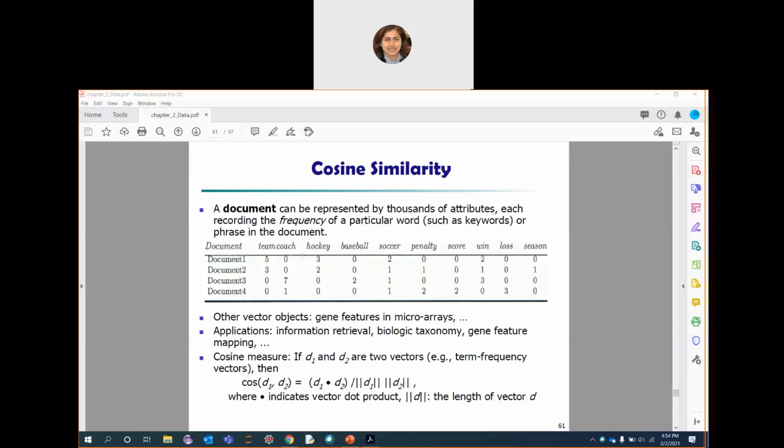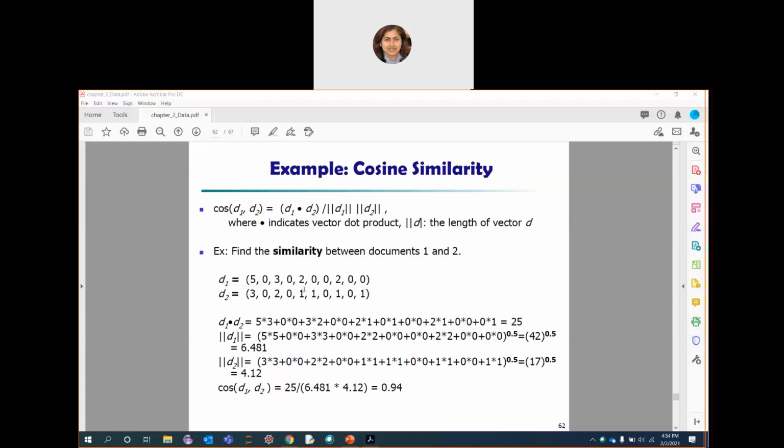We are taking the d1 document and d2 document, and we are going to find out the cosine similarity between those two. First, write down the object name, document name, and their attributes. As per the formula, you first want to find the d1 and d2 dot product.